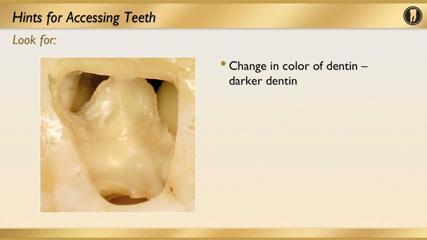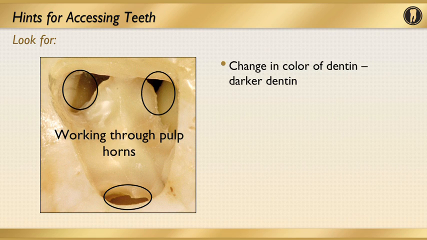Notice in this case you have a still very yellow, opalescent view of the dentin, which was represented by what may appear to be the canal orifices. Actually, what you're noticing is that you're working through the pulp horns. Holes have been made through the ceiling of the pulp chamber, which will fool us into thinking that we've actually reached the floor of the chamber or the coronal aspect of the canal system.